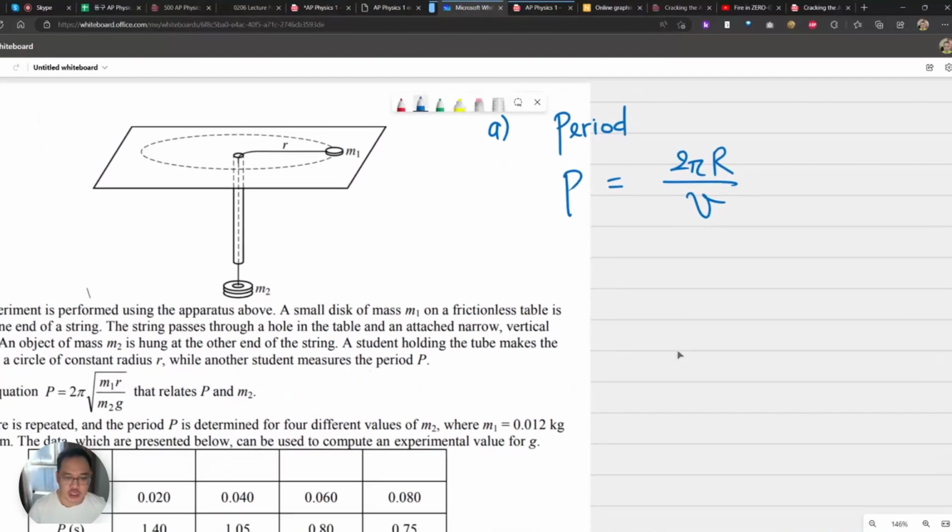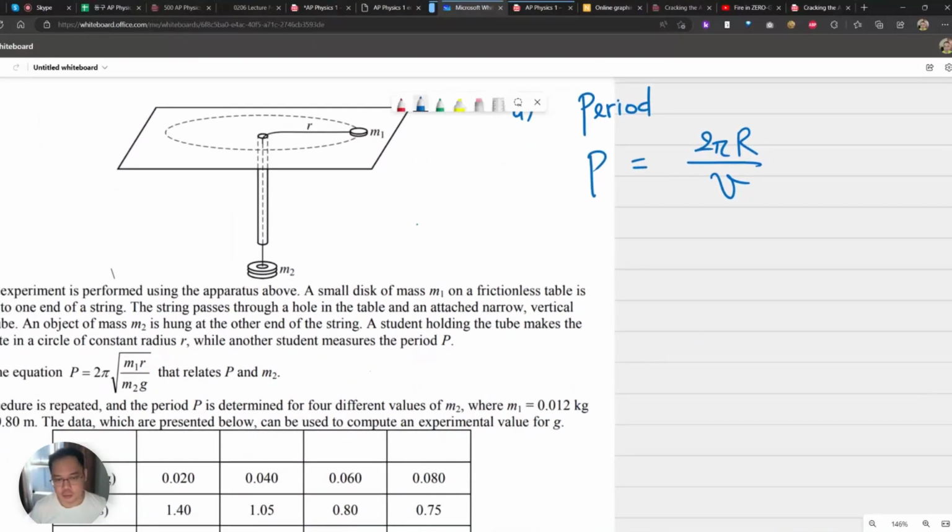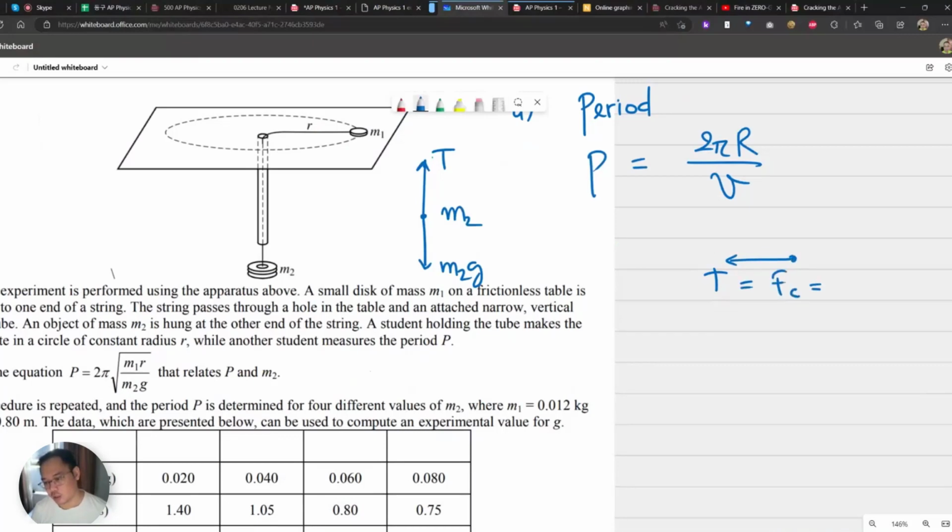The tension acting on the object M2 must be equal to the weight M2 G, tension up. And this tension is equal to the tension acting on the M1 also. And that tension is equal to the centripetal force Fc equals m1 v squared over the radius r.